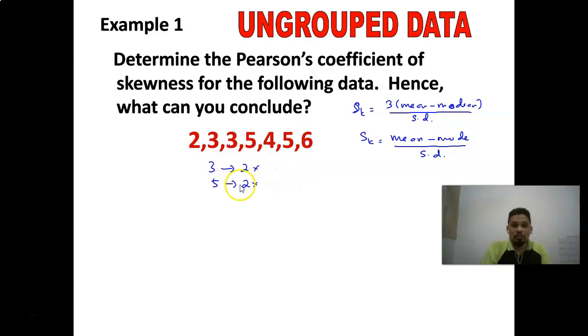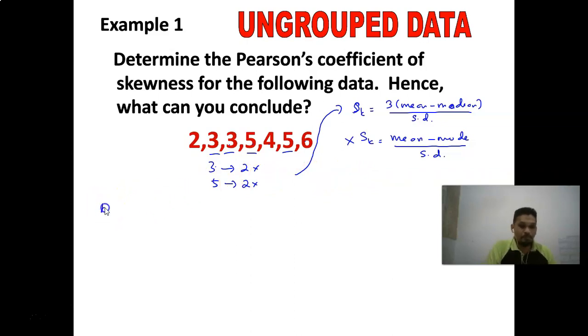So there are 2 modes, 3 and 5, each of these appears twice, meaning there is no one mode. Then we cannot use the mode formula for this case. We can only use the formula of 3 times mean minus median divided by standard deviation.